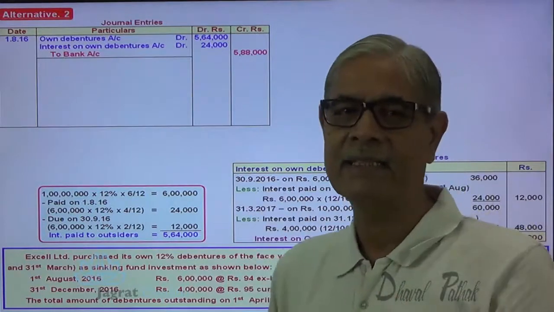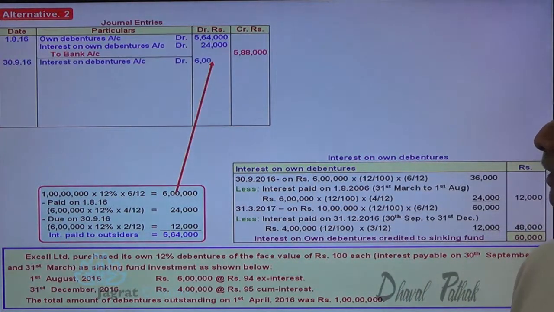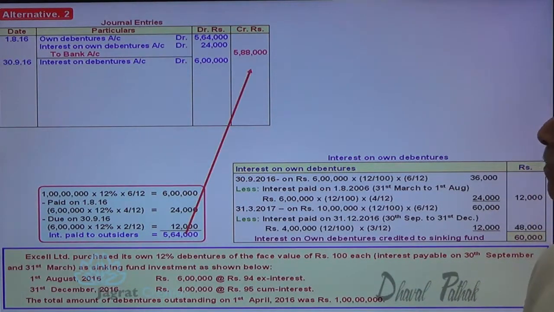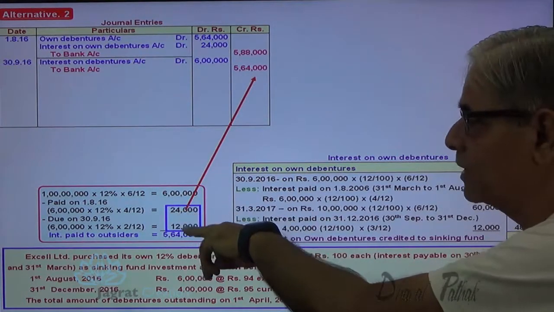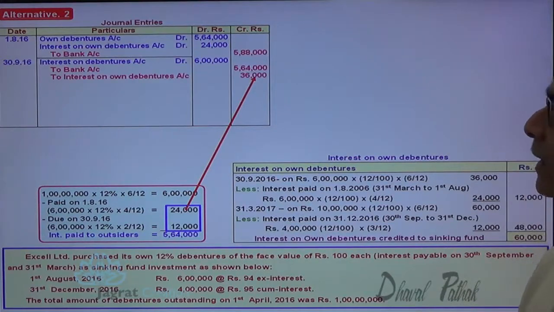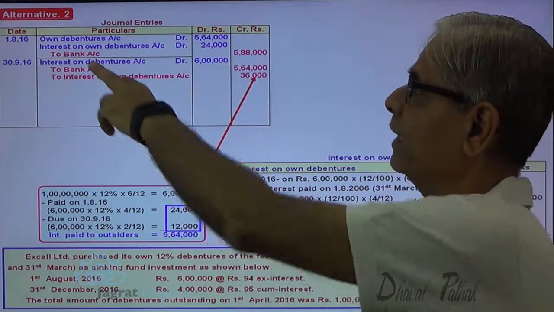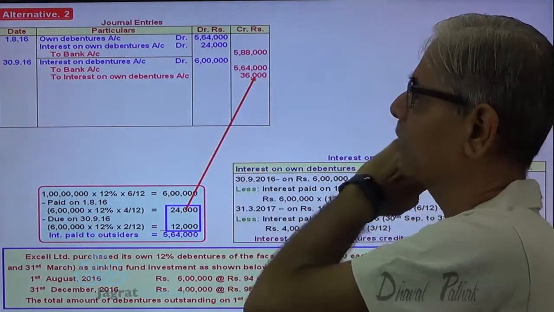So total interest 6 lakhs will be debited to debenture interest account. So debenture interest account debit 6 lakhs. Amount payable to outsiders, bank account credited, and interest on own debenture, 24,000 plus 12,000, that is credited to interest on own debentures account. So what is the situation? Interest on own debenture account debit 24,000, interest on own debenture account credit 36,000.